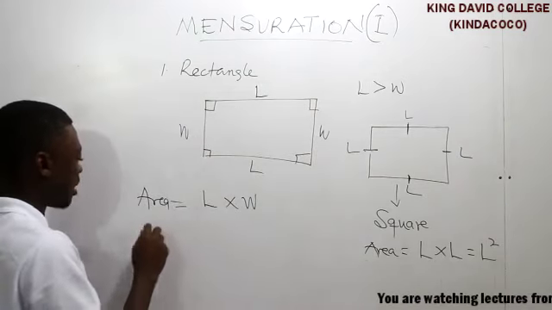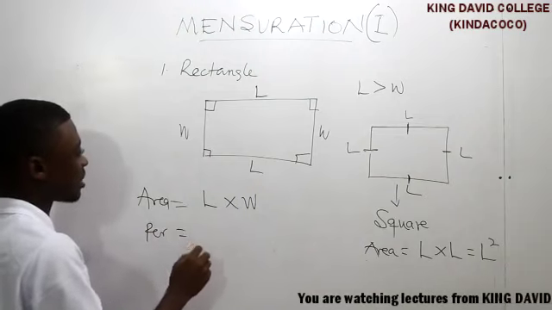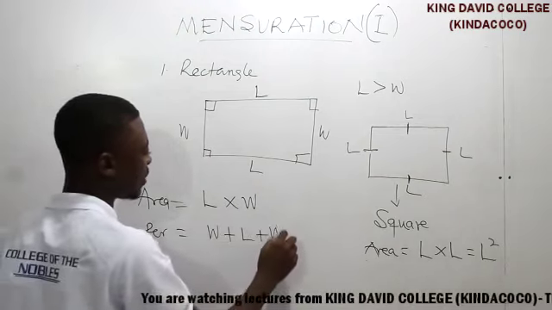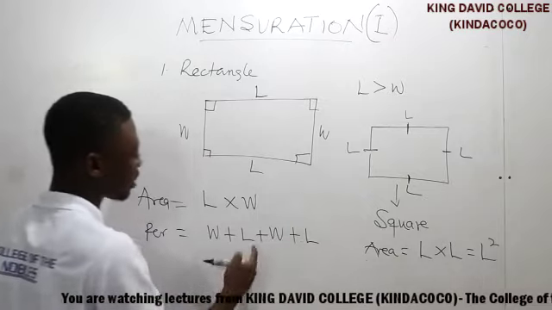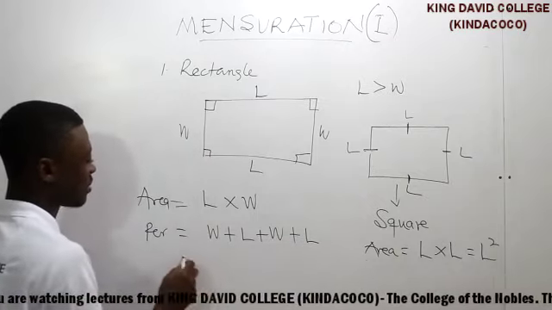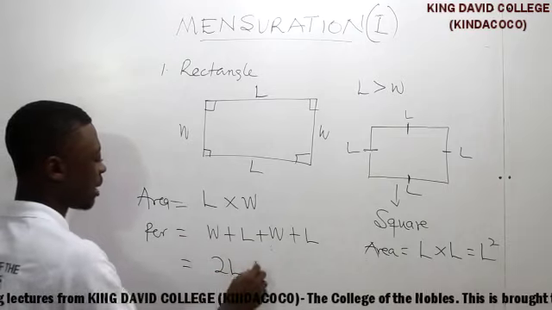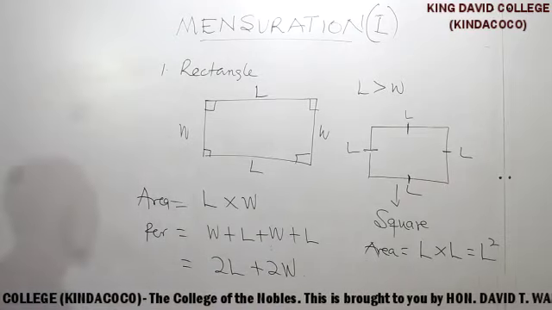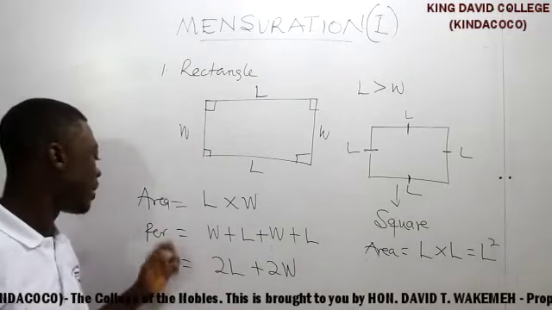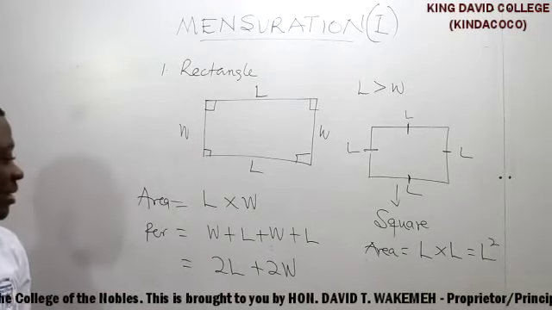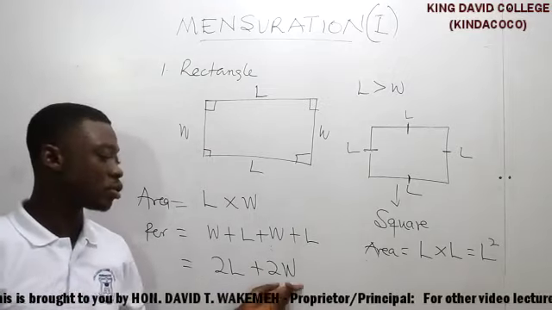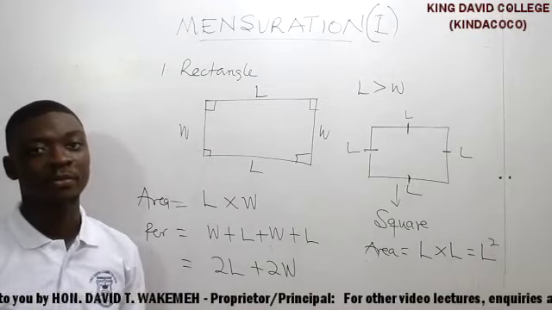So the perimeter of this is just going to be the width plus the length plus another width plus another length. So we have two lengths, we have two widths. So it's going to be 2L plus 2W. So when you are looking for the perimeter of a rectangle, then it's just 2 times the length plus 2 times the width.